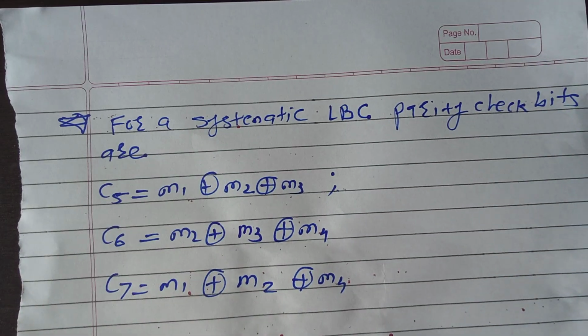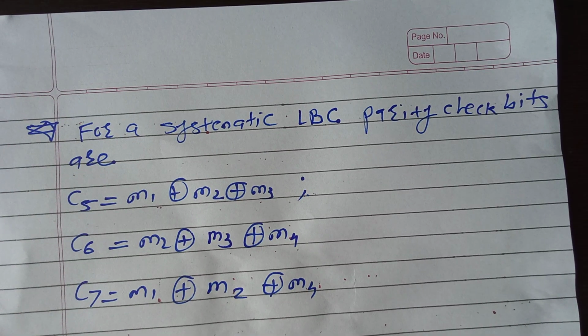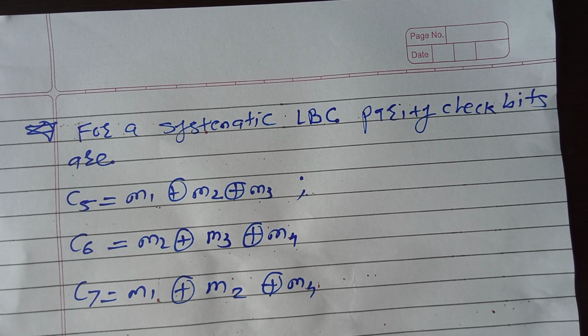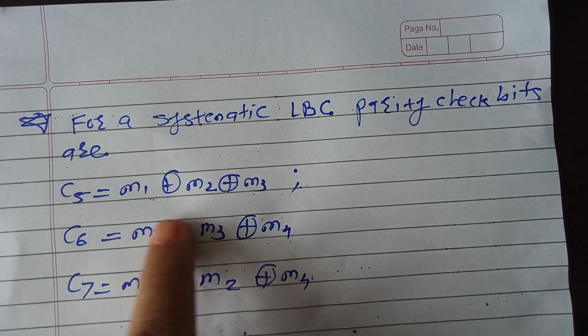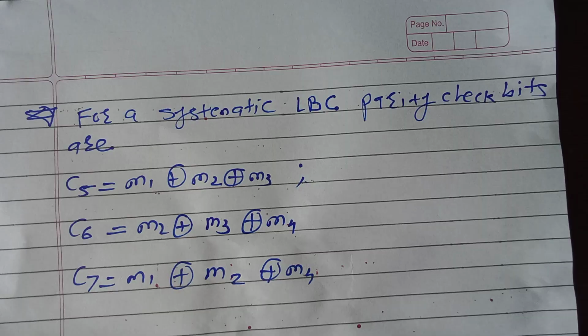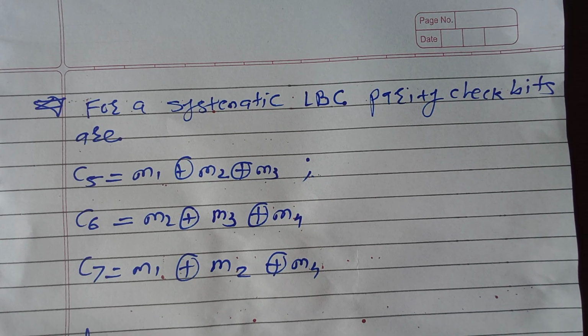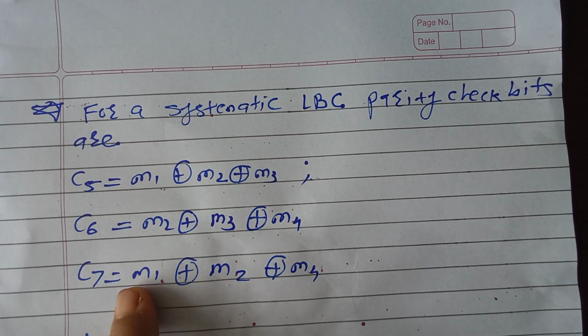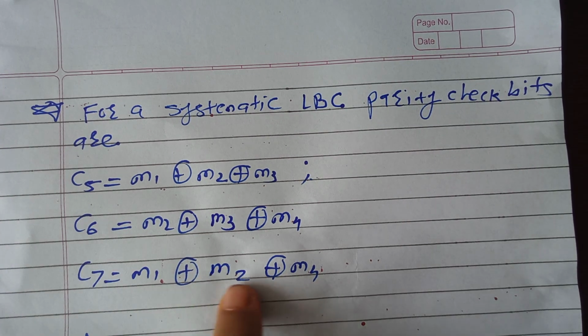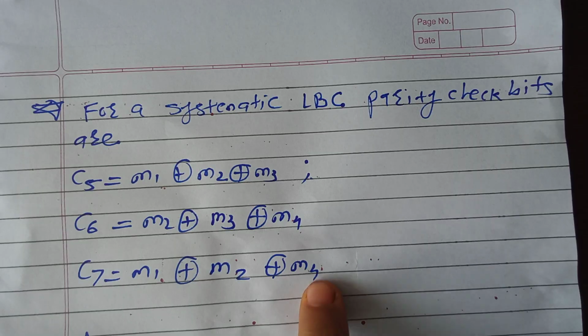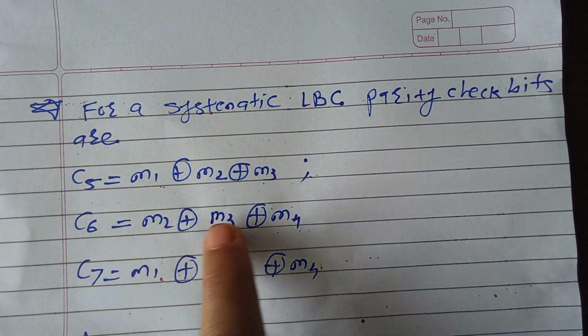Let us do this example. First, how many message bits are there and how many parity bits are there? First we will see that. You can see here that message bits are M1, M2, M3, M4 are also there, M5 is not there.